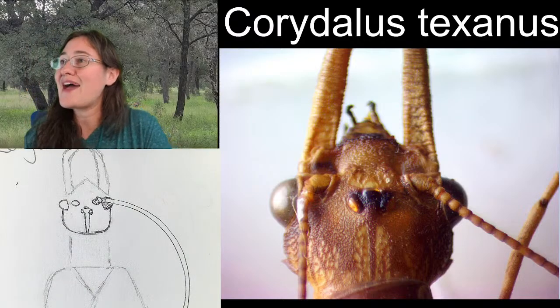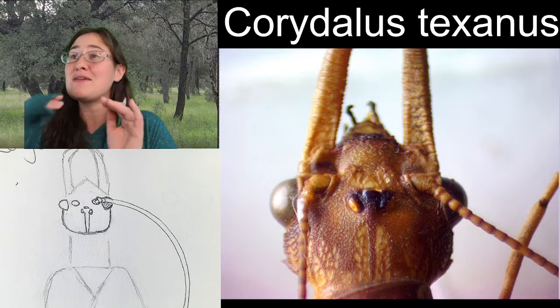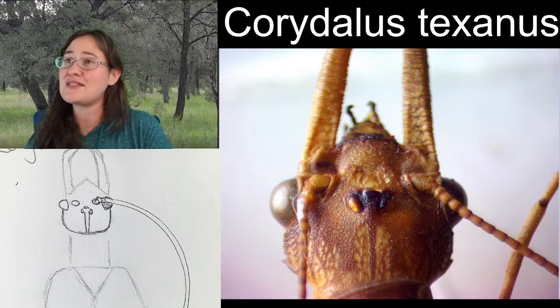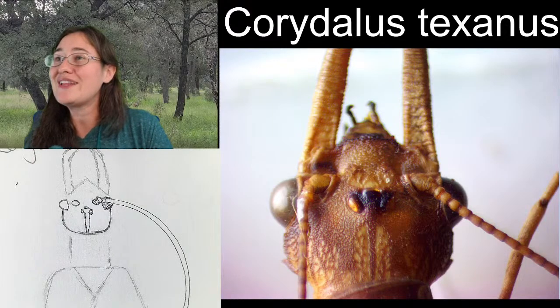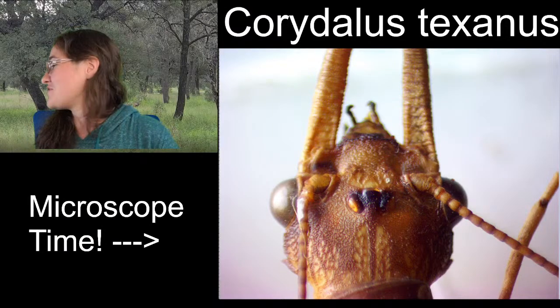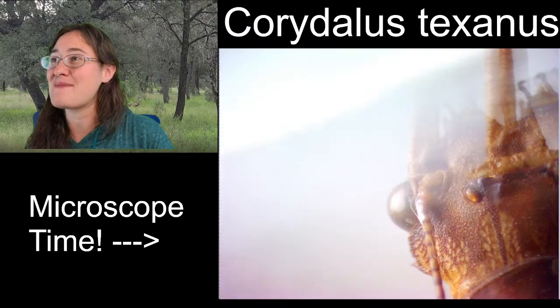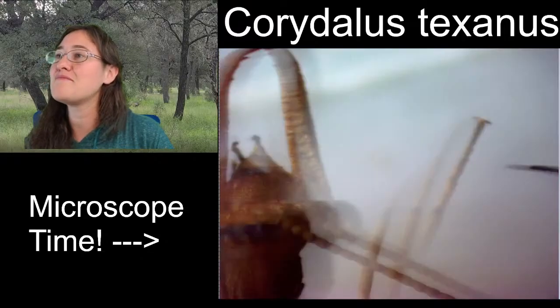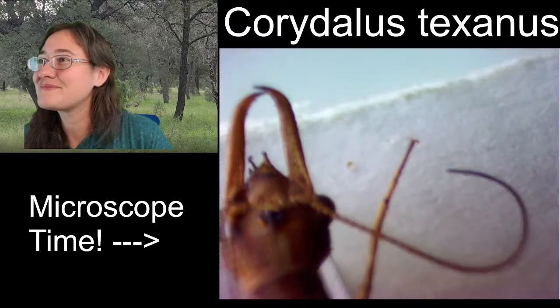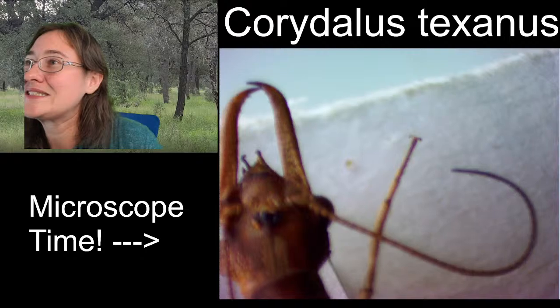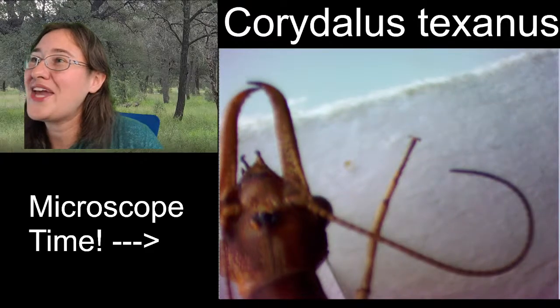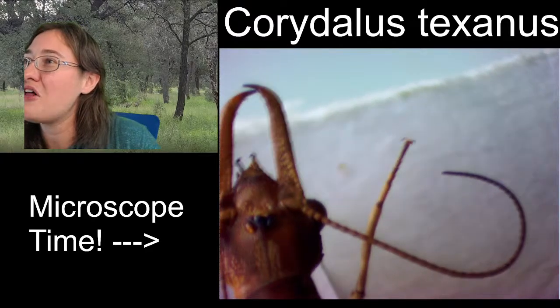Now, you can see there are many segments in these antennae. Really, if you were doing numbers in November, I guess you could count them. But we could just say there's a whole lot.